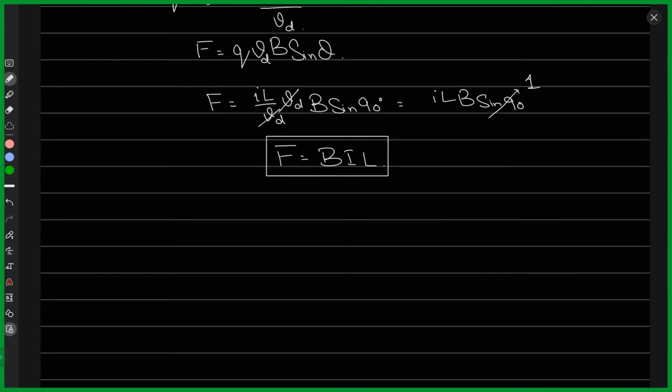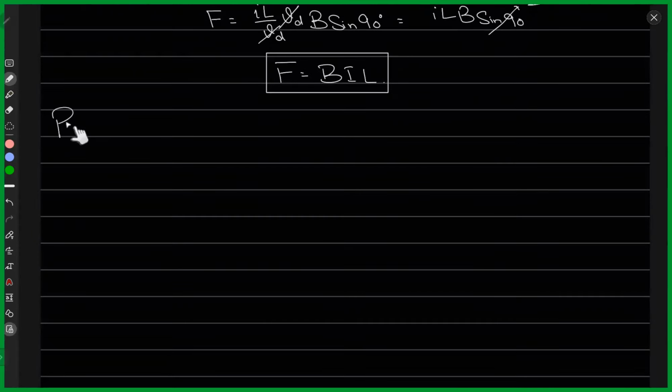So let's try to do a problem from this. Suppose that you have a power cable with a diameter of, say, 2.5 centimeters, and this cable carries a current of 2000 amperes.